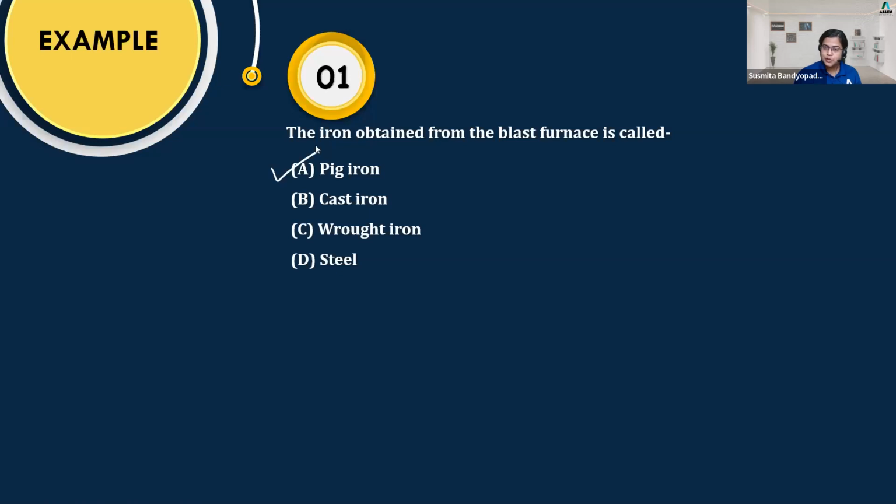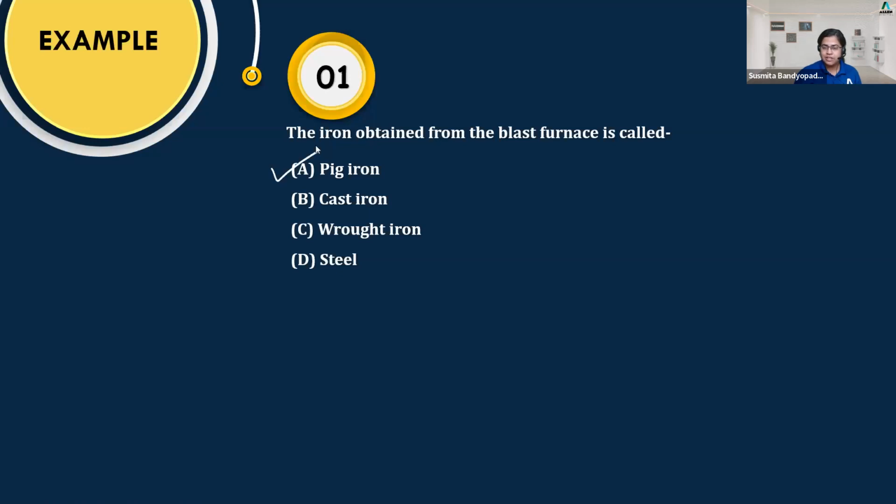And when we add limestone, CaO will be produced on its decomposition. If you heat it, it will decompose. CaO will act as a basic flux, and that CaO will react with those acidic impurities, as a result of which slag will be produced, and the impurities can be removed in the form of slag.